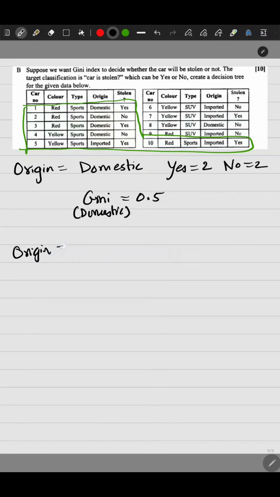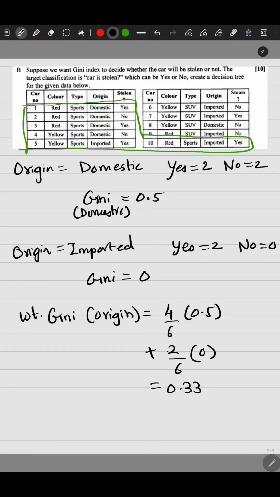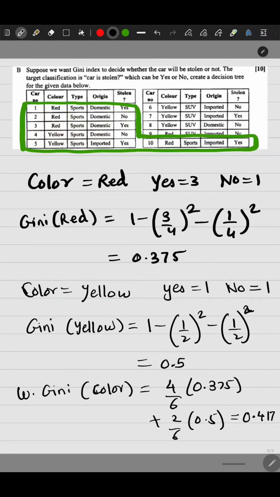When origin is equal to imported, there are 2 yes values and 0 no values. All of them belong to one class, so the Gini value will be 0. The weighted Gini value for origin will be 4 by 6 times 0.5 plus 2 out of the 6 rows with origin equal to imported, for which it is 0, so it will be 0.33. So it's 0.33 for origin and 0.417 for color.